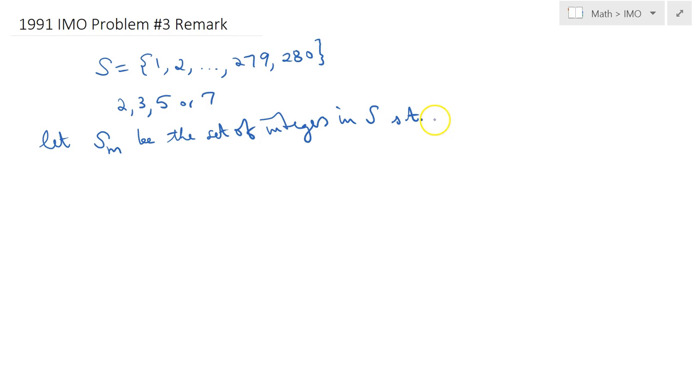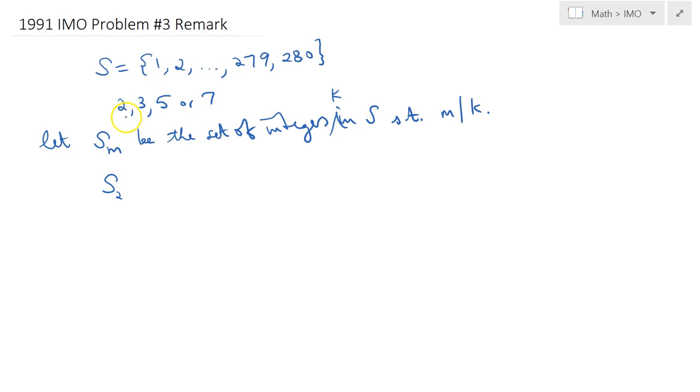Such that integers, let's say k, in S such that m divides k. So S sub 2 as a result would be the set of all even integers, and S sub 3 would be the set of all integers in S that are divisible by 3 and so on.